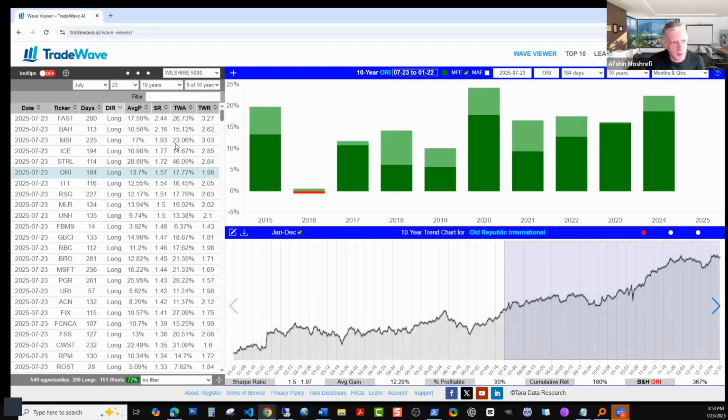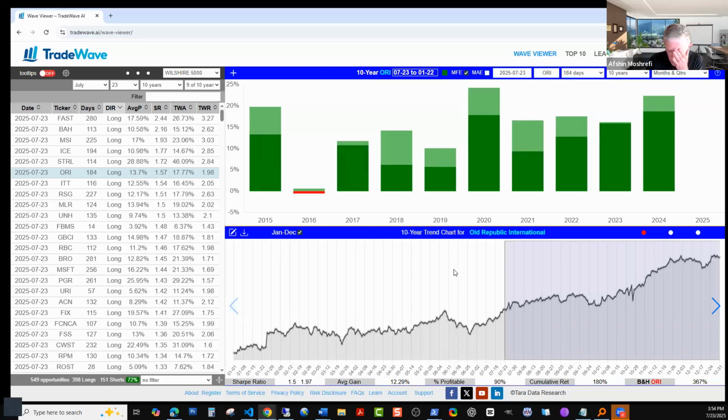Let me just mention one other thing I haven't told you: what's this TW and TWR? It's listed in the book, but these are measures that are only unique to TradeWave. TWR stands for TradeWave ratio, and TWA is TradeWave average.